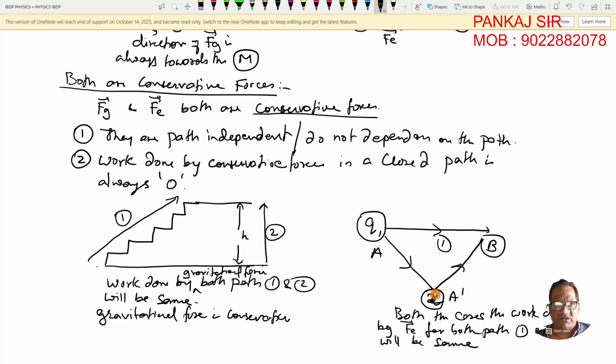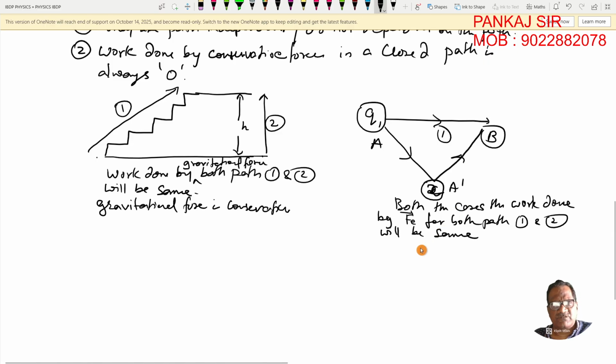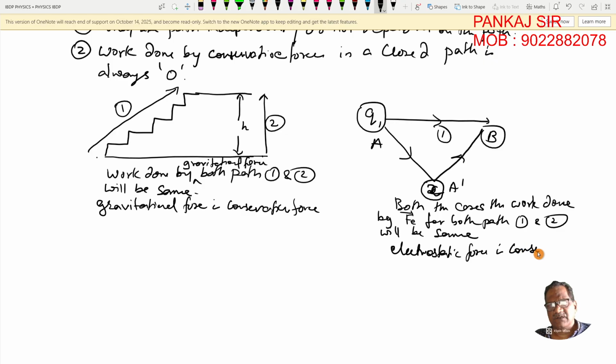This is a very important property of conservative forces, and this is happening again because electrostatic force is also conservative. So gravitational force is a conservative force and electrostatic force is also a conservative force. Fine. This was one property.